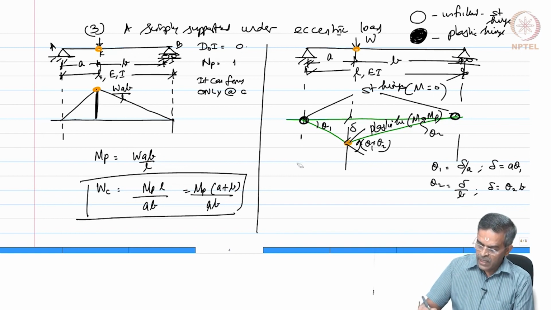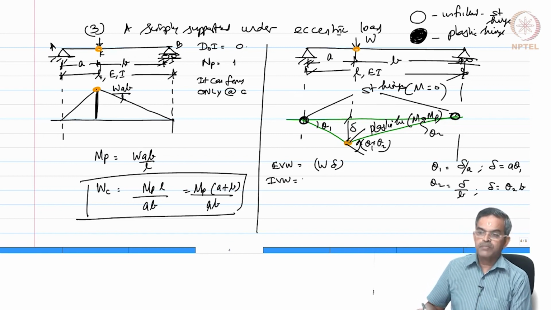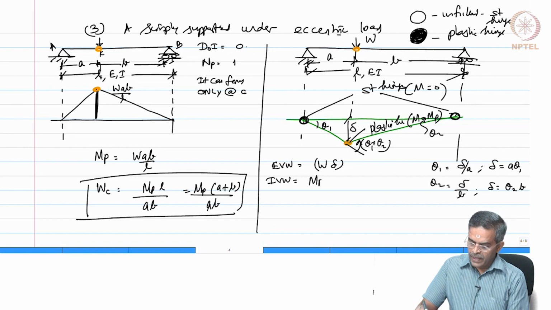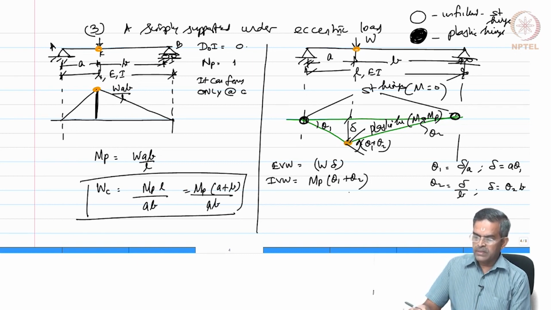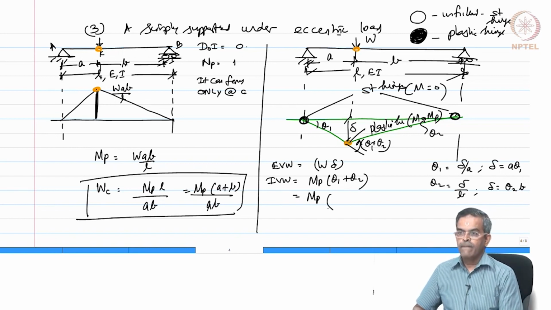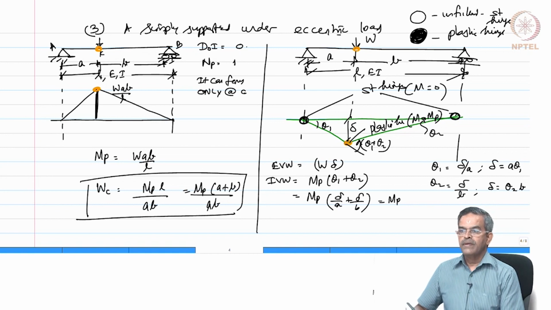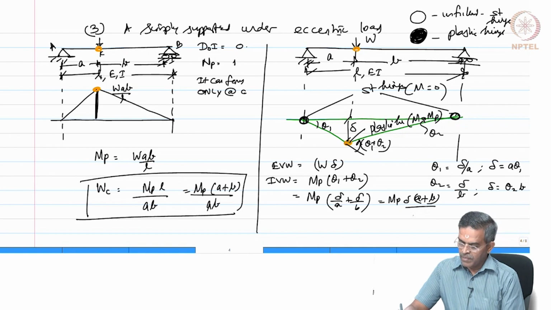Okay. So, let us say the external virtual work done for this problem is W into del. The internal virtual work for this problem is MP into theta 1 plus theta 2, which will be equal to MP into del by A plus del by B, which is MP del into A plus B by AB.